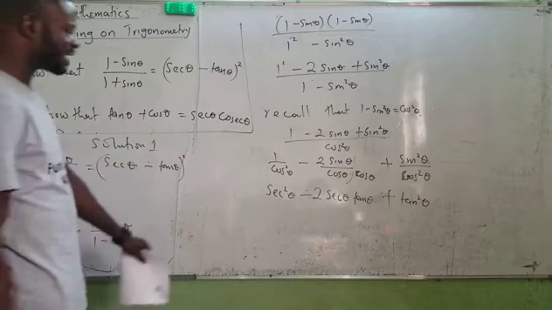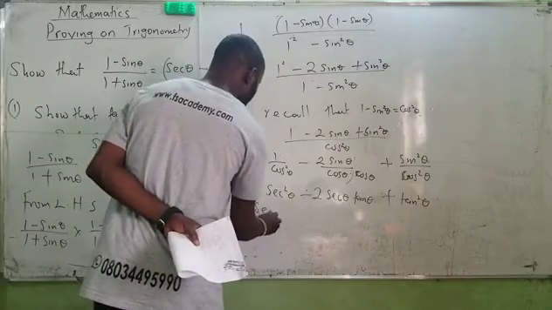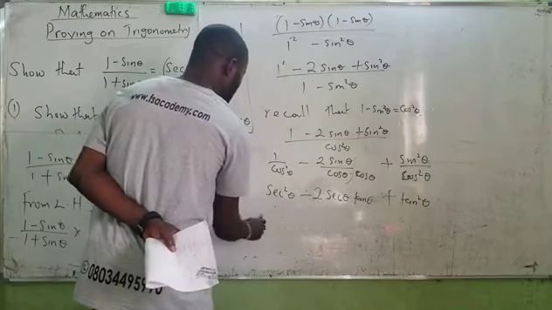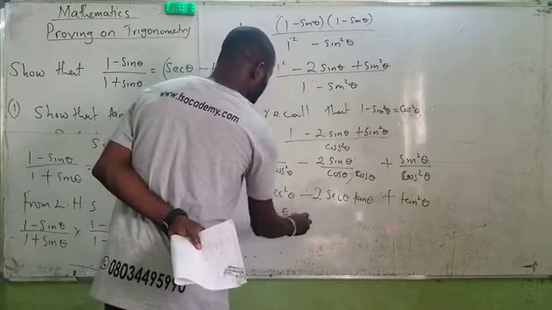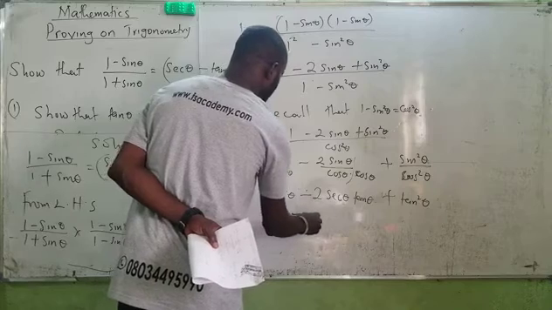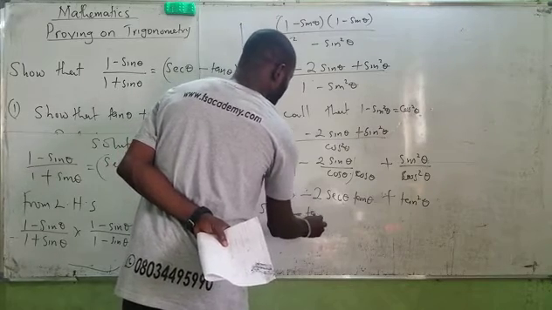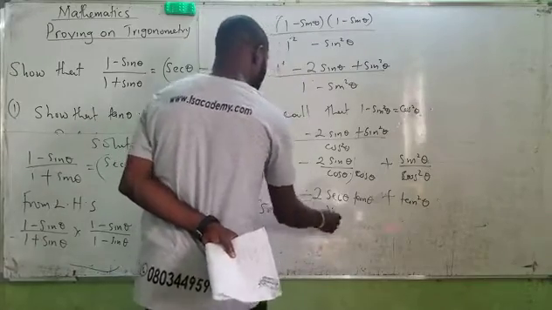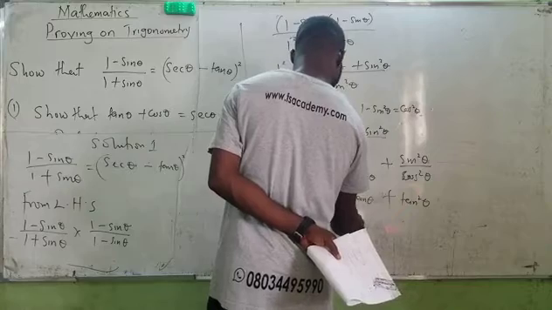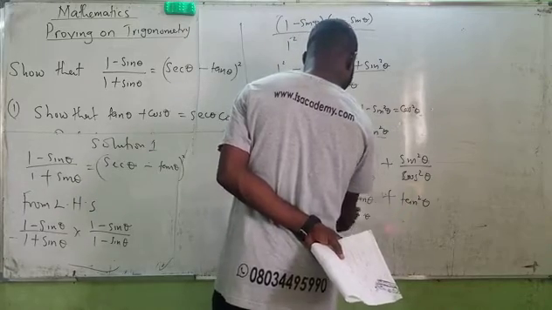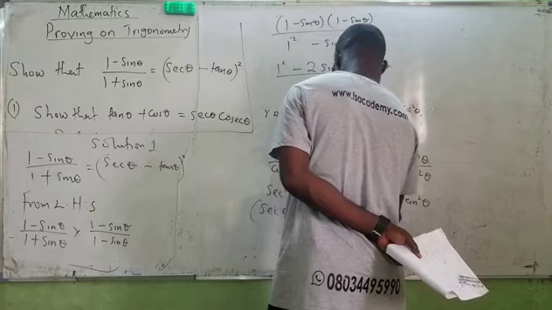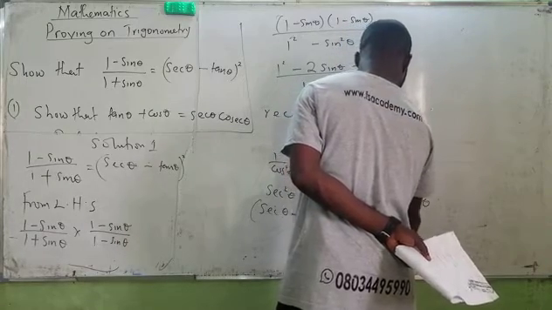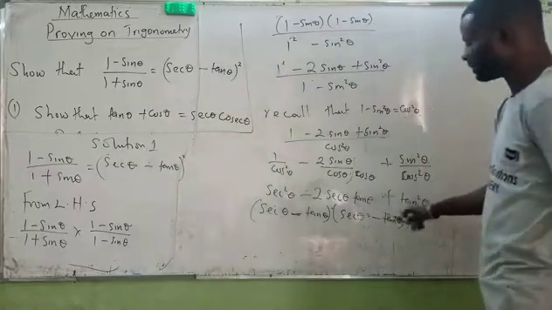I know that if I have sec theta minus tan theta, all squared, it will definitely give me what is here.